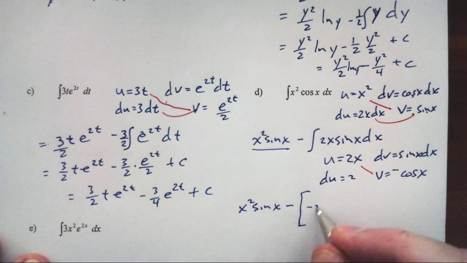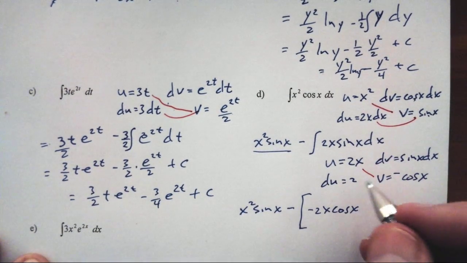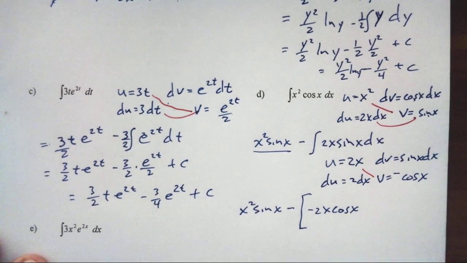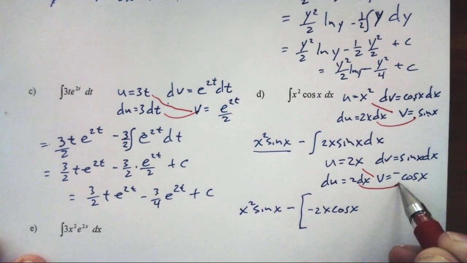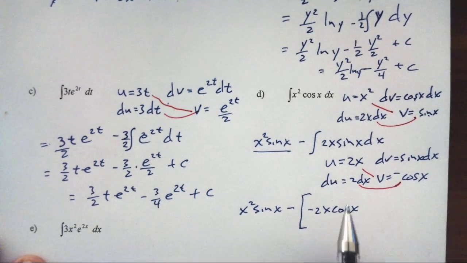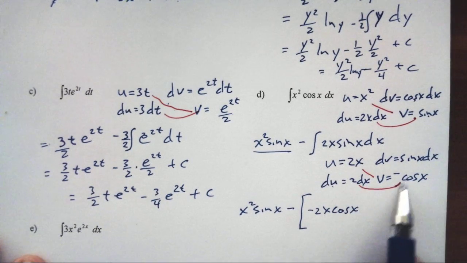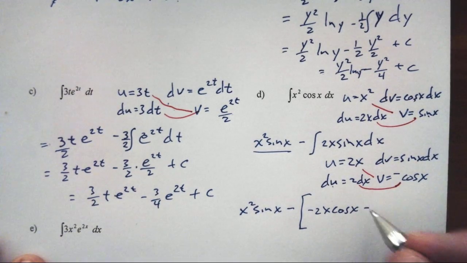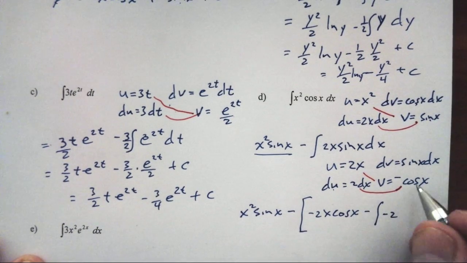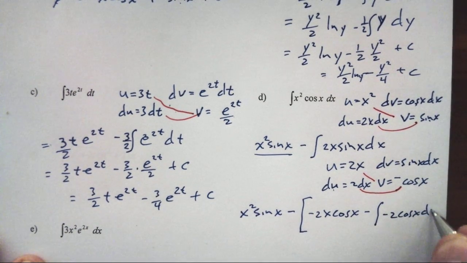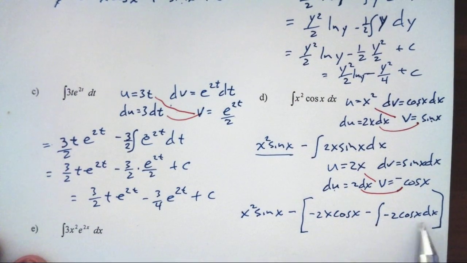I've got a negative, I've got a 2, I've got an x, I've got a cosine of x. I need a dx here, darn it. And I need the integral of this guy. So that's minus the integral of, I've got a negative, I've got a 2, I've got a cosine of x, I've got a dx. And now I'm in business because I can find that integral right here.